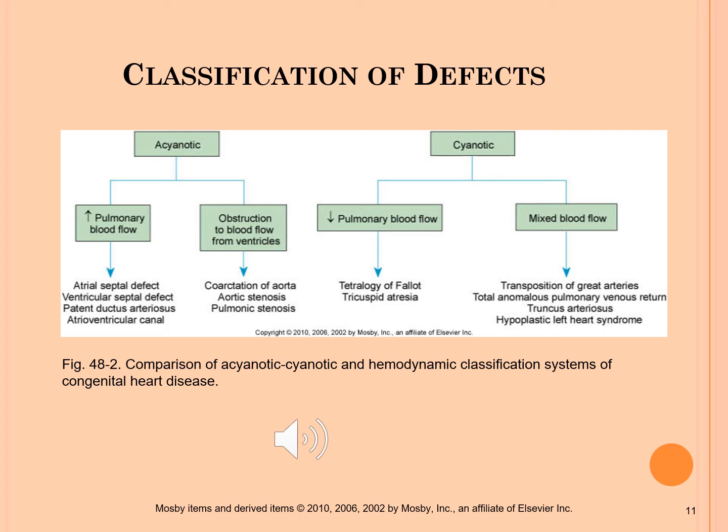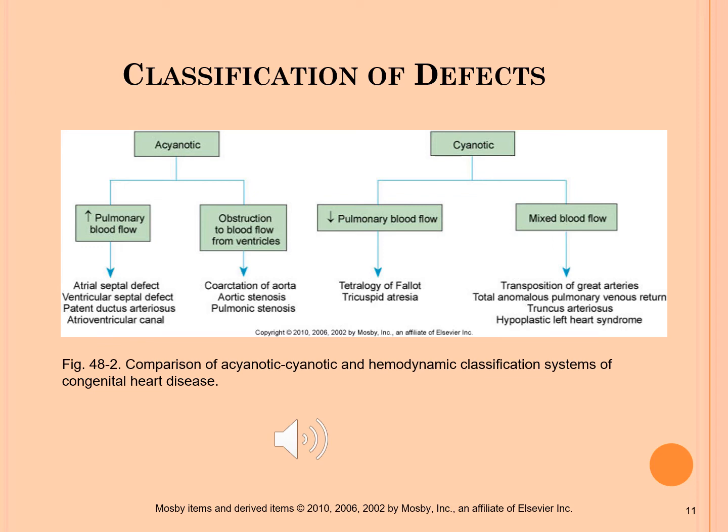Cyanotic defects mean there is a right to left shunting of blood. So it's delivering deoxygenated blood to the body, because that blood has come from the right side of the heart, which is deoxygenated, going to the left side.